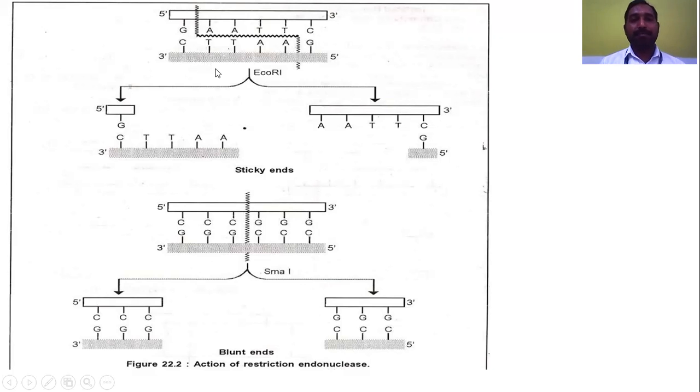Here we have the template strand, which can be restricted by using EcoRI. Once EcoRI identifies the specific sites, it will make the cleavage and give you the sticky end nature. Whereas another enzyme called SmaI will give you the blunt end nature of products.